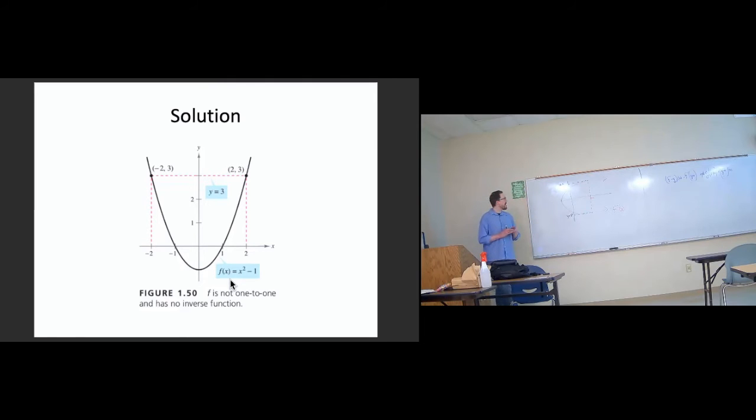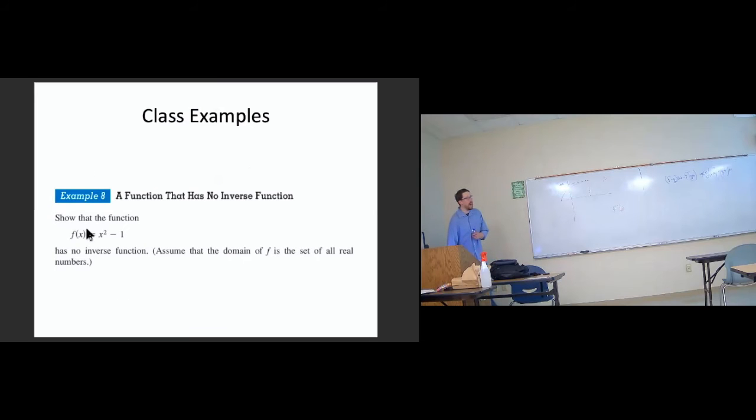But if we were to say, let's only care about 0 and beyond, then the reflection would be just that. And now we do have an inverse function. And this is what we're doing when we say we can restrict the domain or the range of a function so that we have an inverse. Does that make sense what I mean? So typically, this thing doesn't have an inverse function.